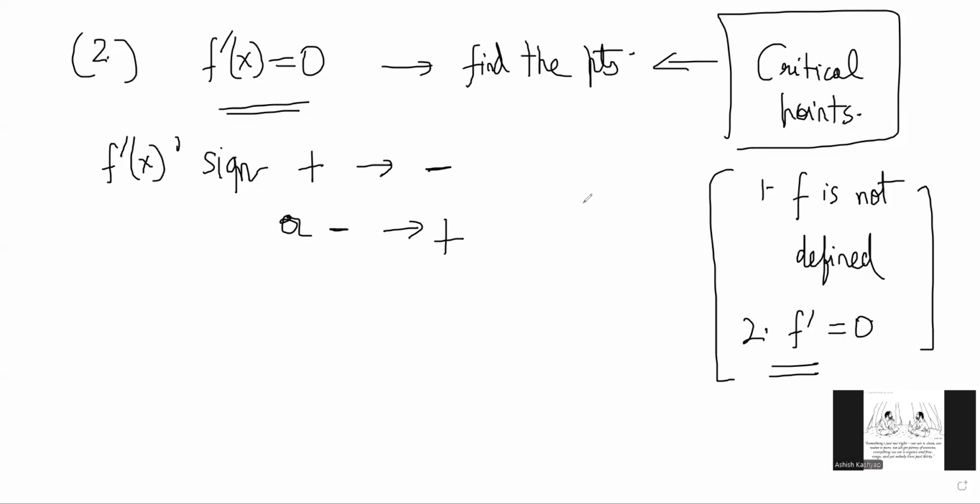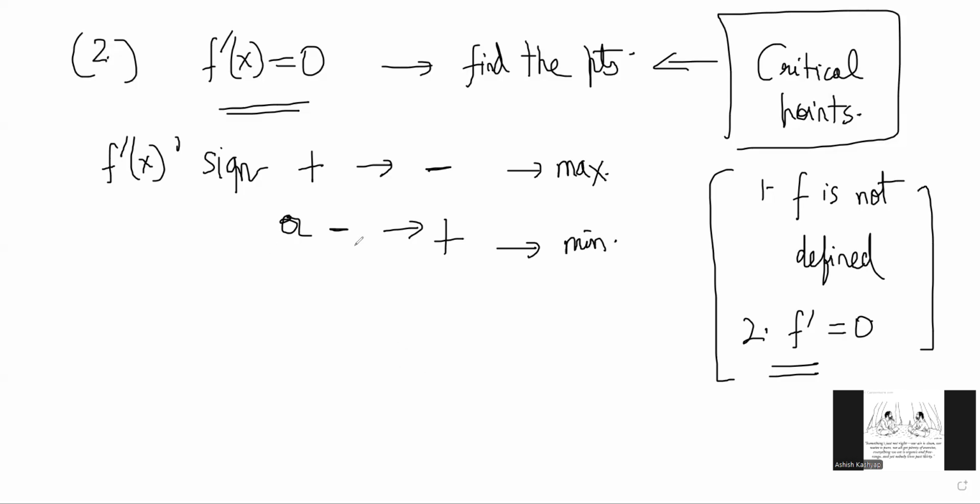Is that point a point of maxima or minima? So when your derivative sign goes from positive to negative, what kind of graph is it going to be? It will be a maxima. And if it is negative to positive, it will be a minima, right?